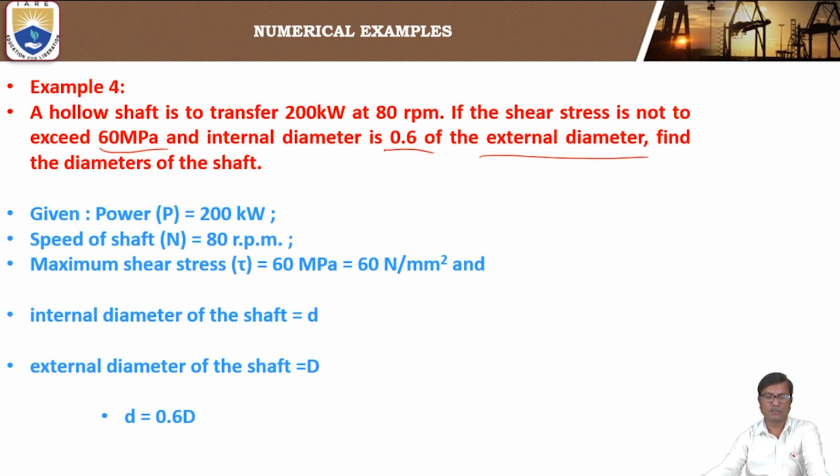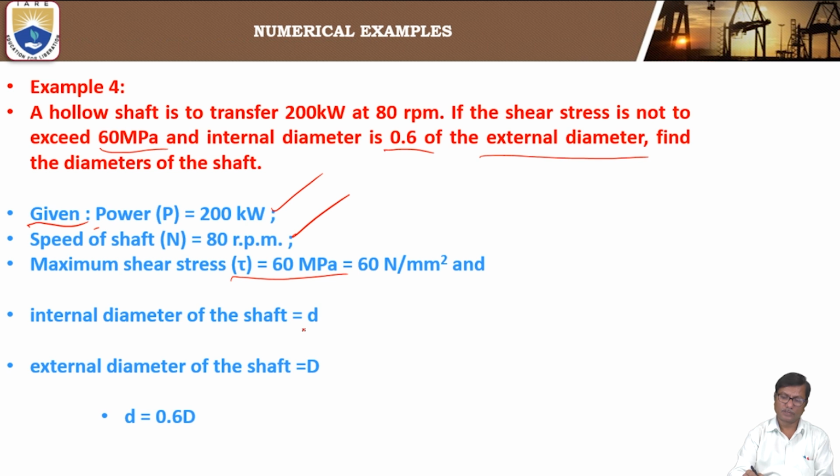So it is about a hollow circular shaft which is to transmit 200 kilowatts of power at 80 RPM. So what is given is power 200 kilowatts, speed 80 RPM, revolutions per minute, and maximum or allowable shear stress is 60 Newton per mm square.